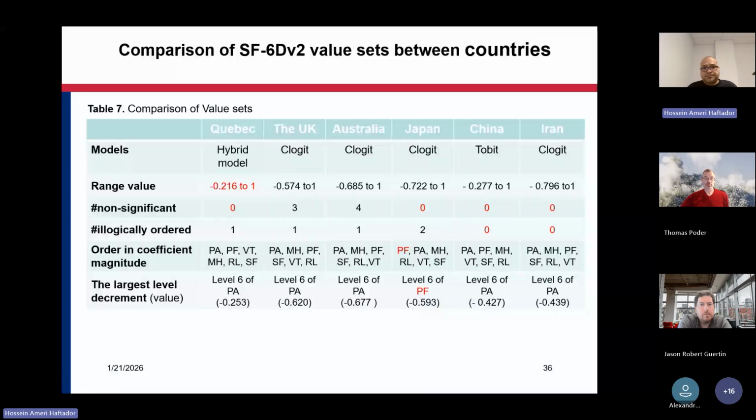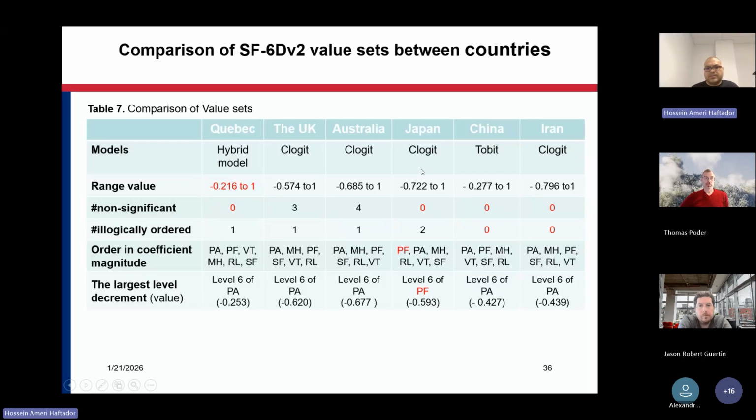Also, we compared our SF-6D value set with other countries. The hybrid model is the best model for Quebec, and for China, the Tobit model is the best.